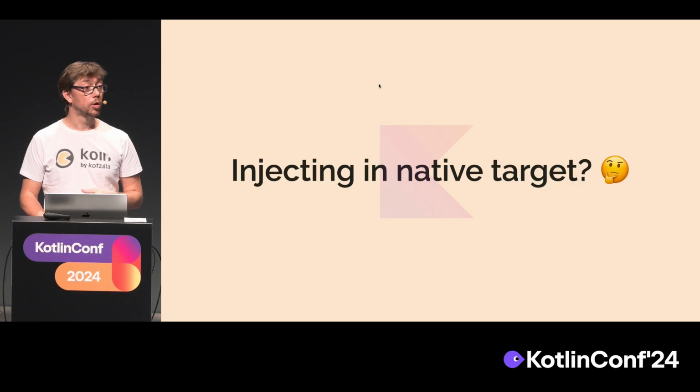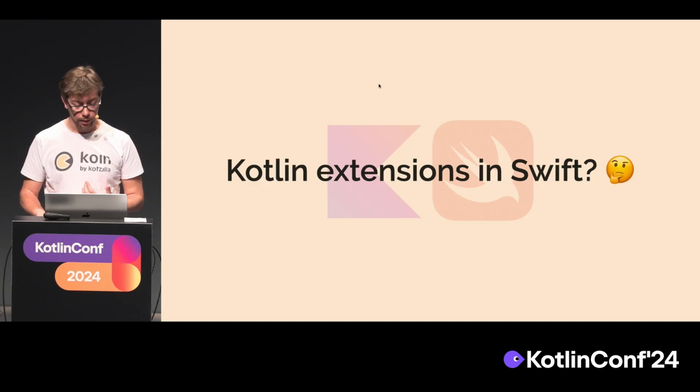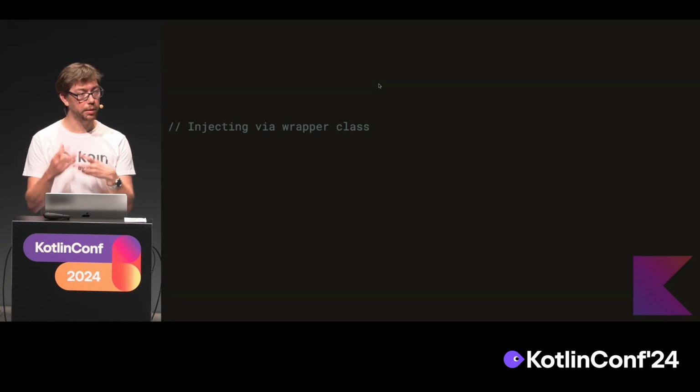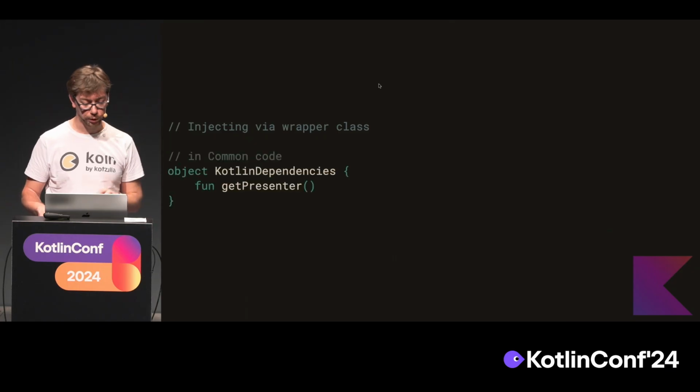In the case you are using SwiftUI or this kind of application development, then you can use that to run Koin. The problem is that Koin magic is about extensions and all the capacity of the language to provide really great developer experience. And the problem is that we can't offer extensions directly in Swift. And here I propose a few injection patterns to prepare some injection and expose those common components to Swift.